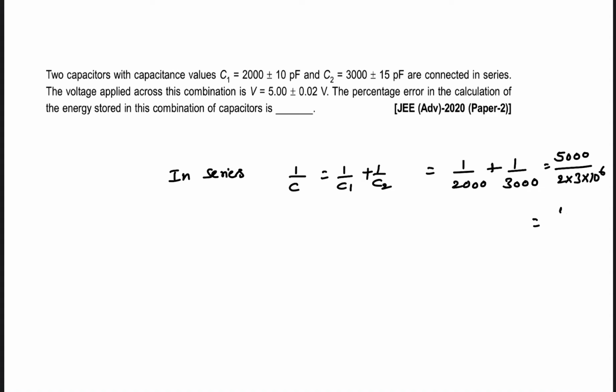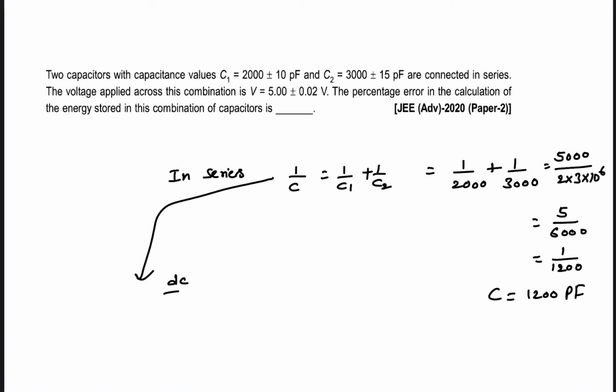You get 5000 divided by 2 into 3 into 10 to the power of 6, finally 5 divided by 6000, so C value is 1200 picofarad.